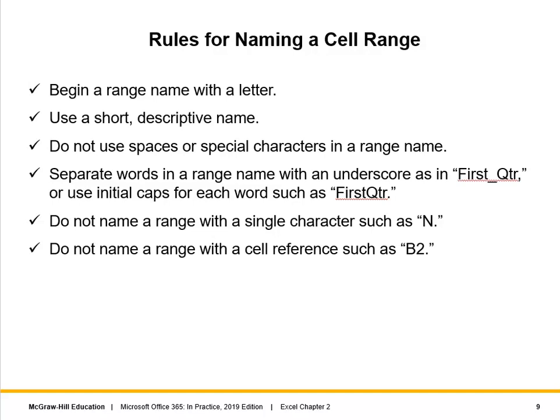There are some basic rules for naming a cell range. It must begin with a letter. It must be a short name. You cannot use spaces or special characters in the name. If you must use more than one word in the name, the words must be separated with an underscore. Neither a single character nor a cell reference can be used for the name.